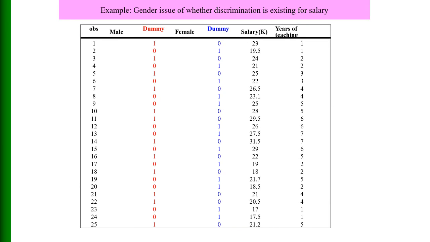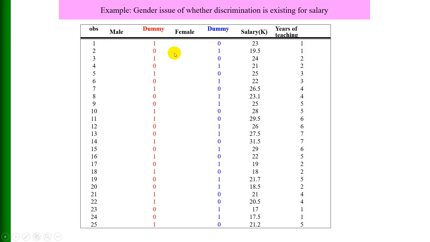Here is an example of a gender issue, of whether discrimination exists in salary. We have 25 observations. This is the male dummy: 1 stands for male and 0 stands for female. Similarly, this is the female dummy. Here it is 1, so male; here it is 0.